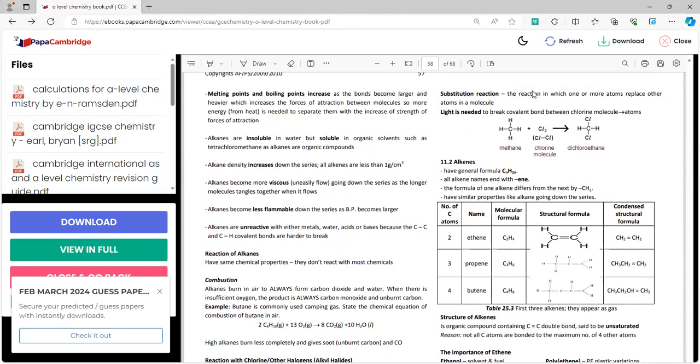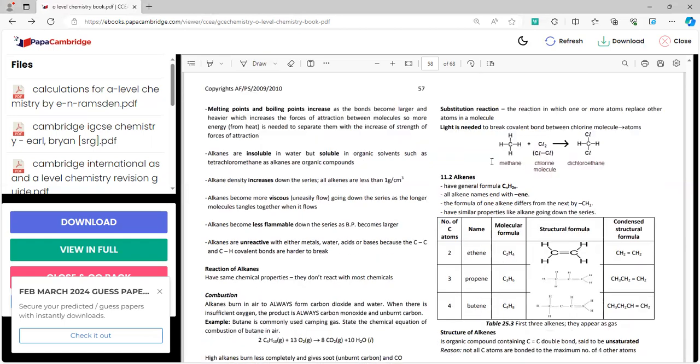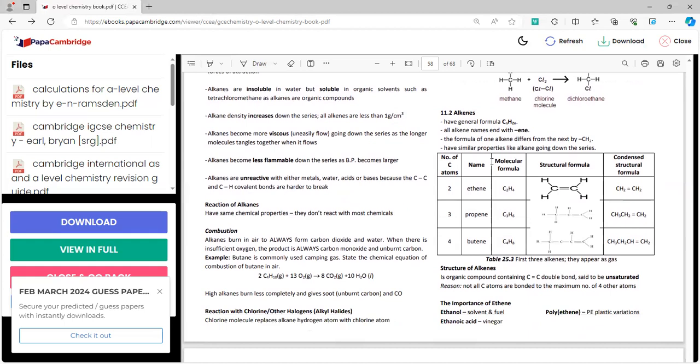Similarly, in the reaction with chlorine, halides are formed, and this is known as a substitution reaction, in which a chlorine atom gets attached in place of the hydrogen. The important factor which is mandatory for the reaction to proceed is the presence of UV light.